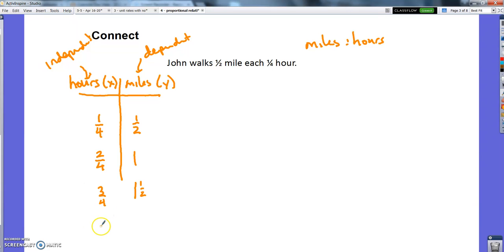And then the one we've been doing was 1 whole hour, 2 whole miles. So I can make lots of pairs of things that he can do. And 0 would also be an option: in no hours he walks no miles. We made these data tables a lot back when we were doing the 6th grade part of this year, and we're going to revisit those a bit today.